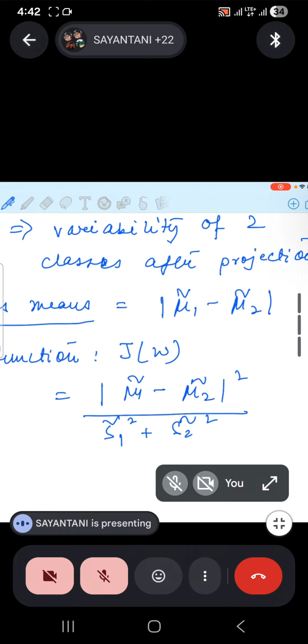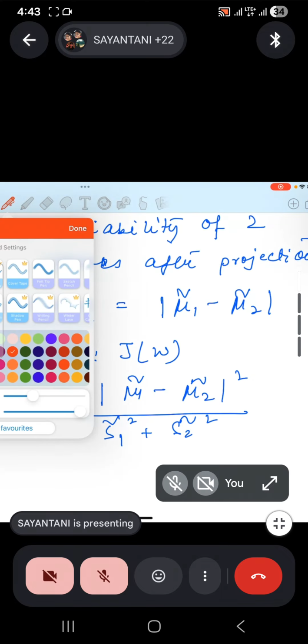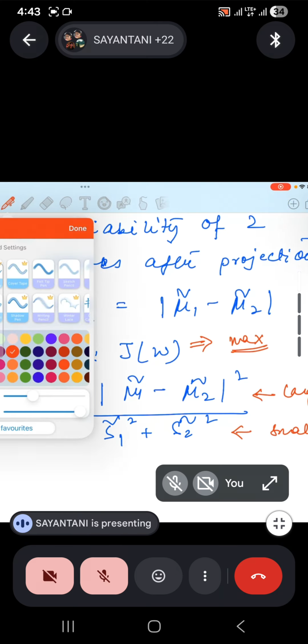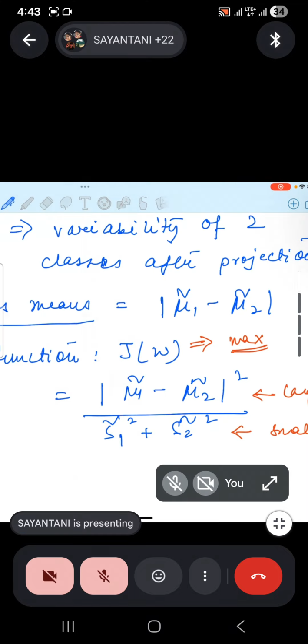So this function needs to be maximized. That means the distance between the mean values has to be large and the within-class variations have to be as small as possible. So overall, the function needs to be maximized.